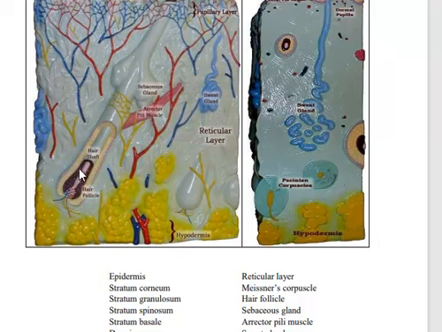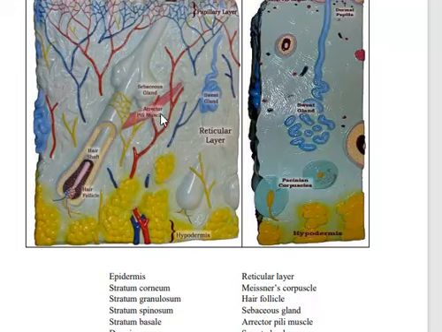Once you see the hair shaft, you can see the sebaceous glands that are part of it to put oil on the hair. And then there's your erector pili muscle right there coming off of it. And see, the sweat gland is coiled and it is not attached to the hair. So that should make that a little bit easier.